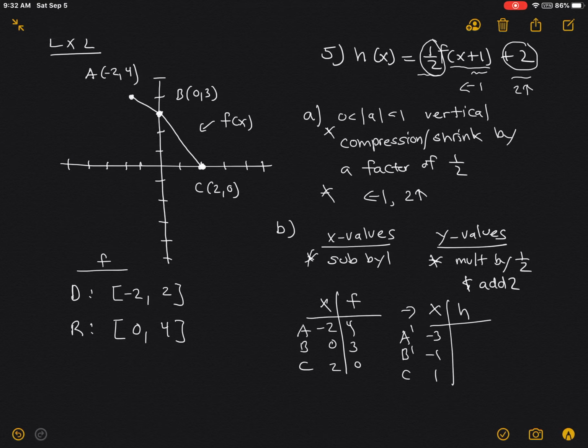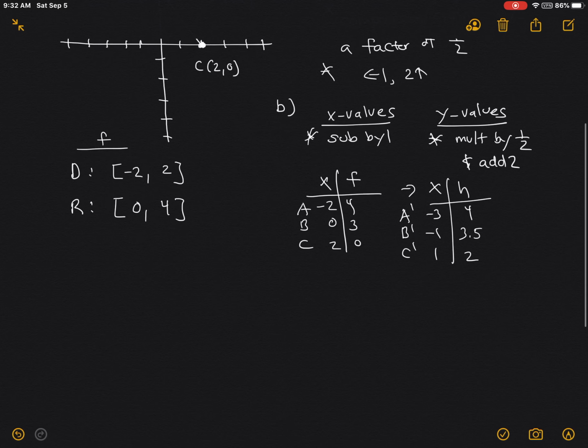So this is A prime, B prime, C prime. And then y values, I need to multiply by 1/2 and add 2. So 4 times 1/2 is 2. 2 plus 2 is 4. 3 times 1/2, that's 1.5. 1.5 plus 2 is 3.5. And then 0 times 1/2 is 0. 0 plus 2 is 2. Okay. And those are the coordinates.